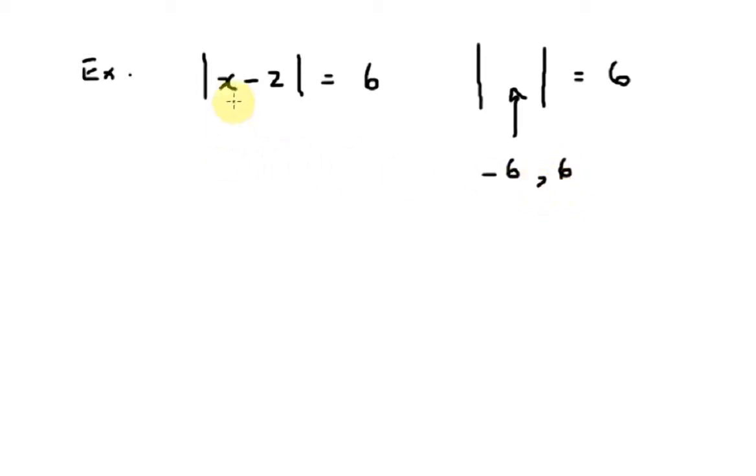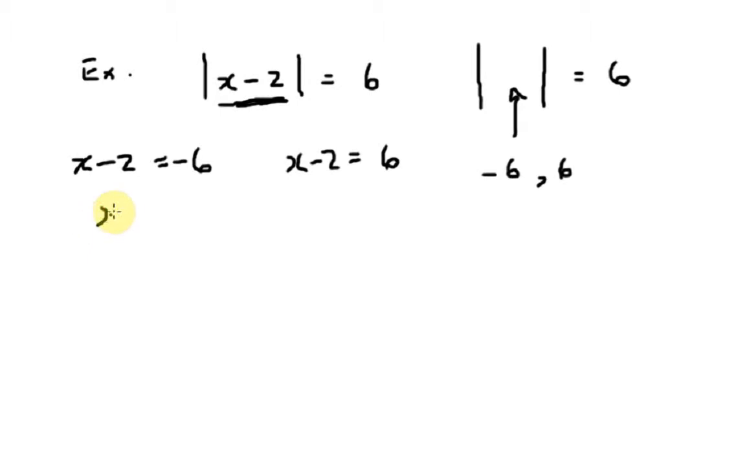So what I do over here is I say, well, this is what's inside the absolute value symbols. I would like this, x minus 2, to either equal negative 6, or I would like that x minus 2 to equal positive 6. Now this gives me two equations that I can very easily solve for x.